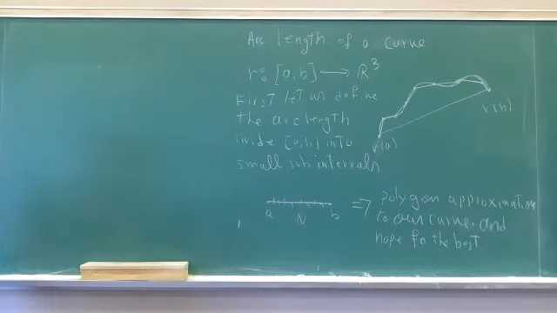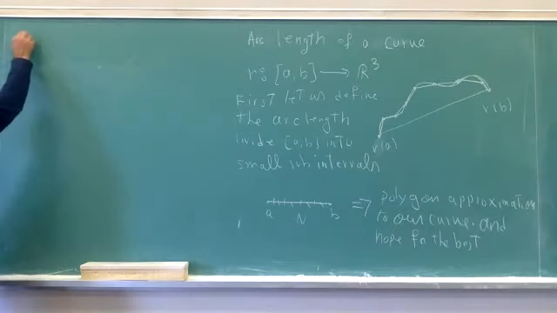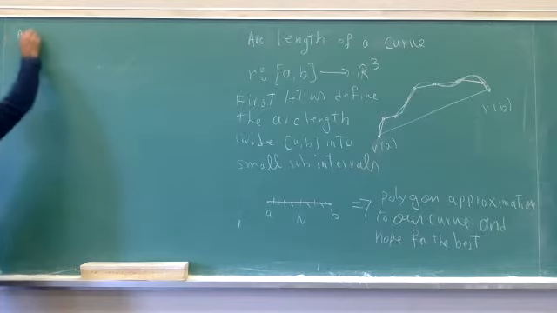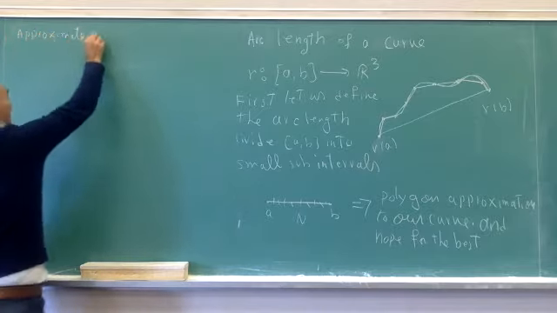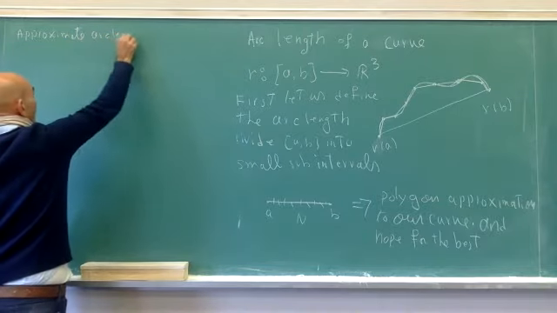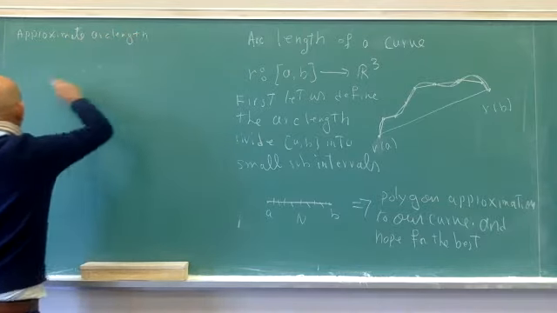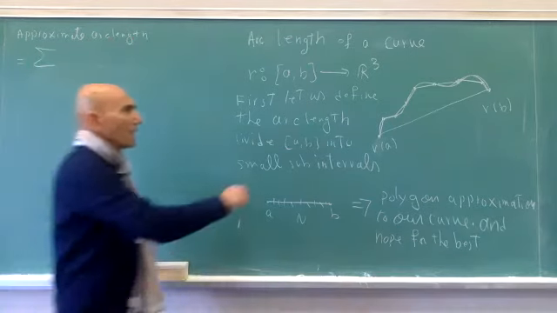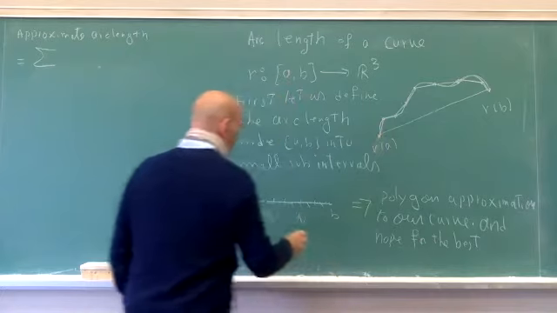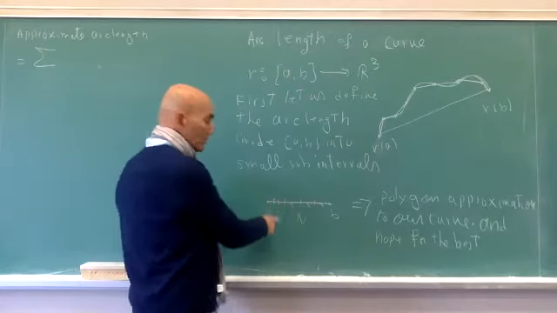Okay, so what do we get? The approximate arc length is then equal to a sum of these lengths. So let's have some notation for these pieces.